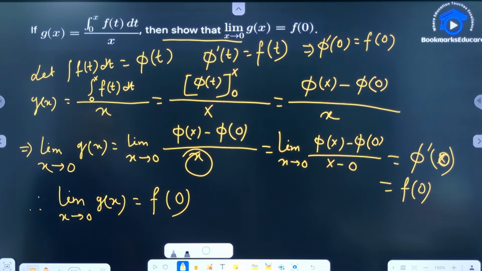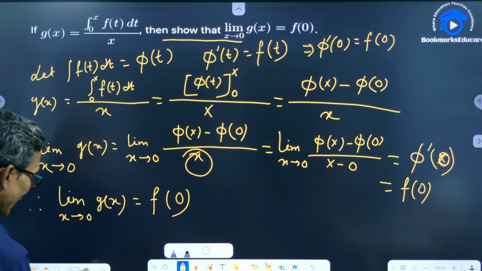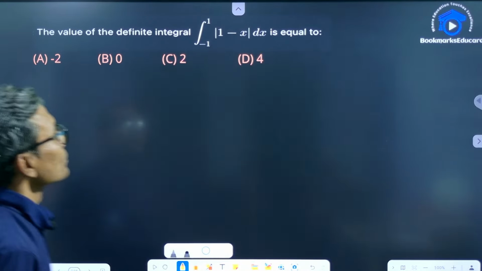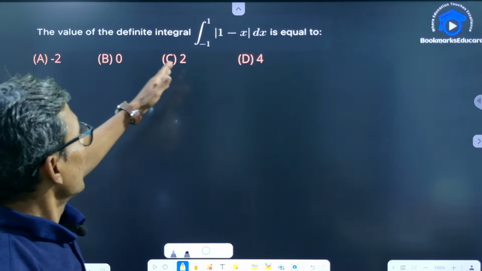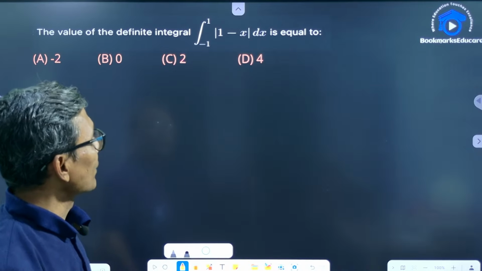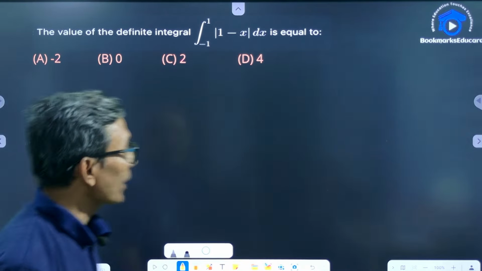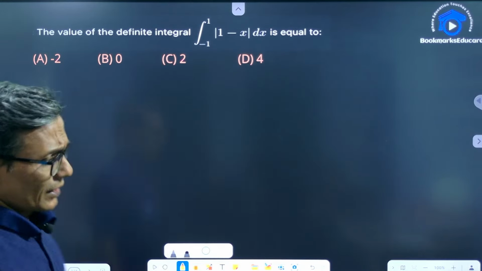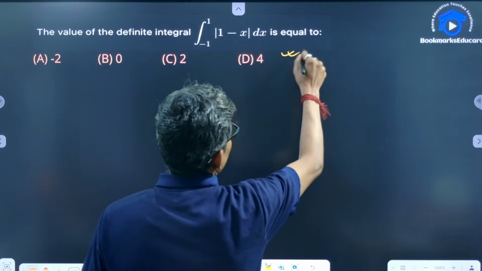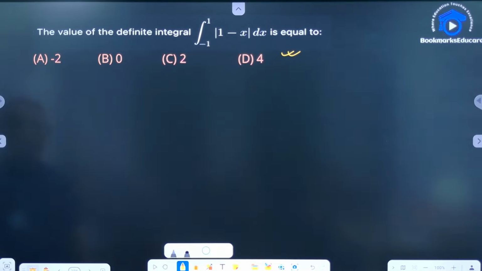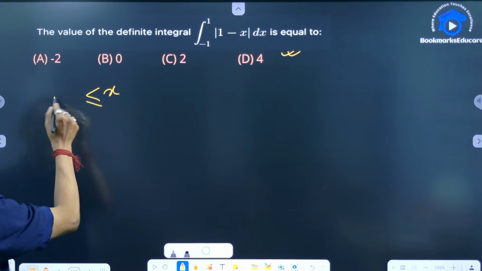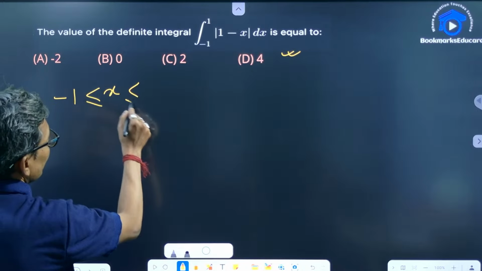Okay. So now we are coming to the next sum, that is given as integral from minus 1 to 1 of mod of 1 minus x dx. This is the sum which is MCQ type. So first of all, what we know, the range is x greater than equal to minus 1 and lesser than equal to 1.